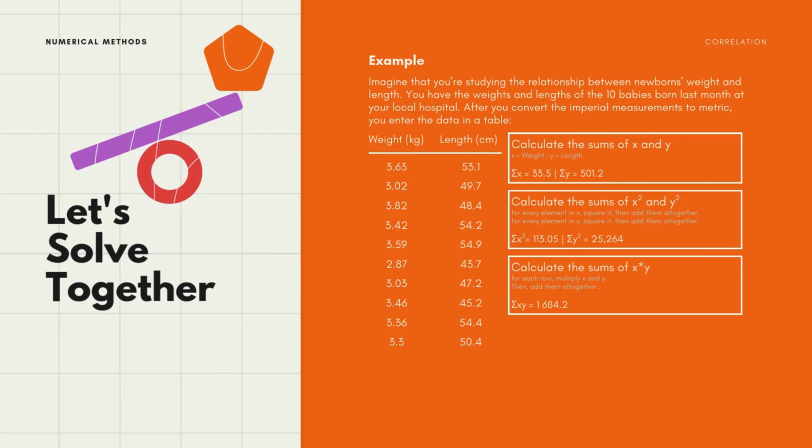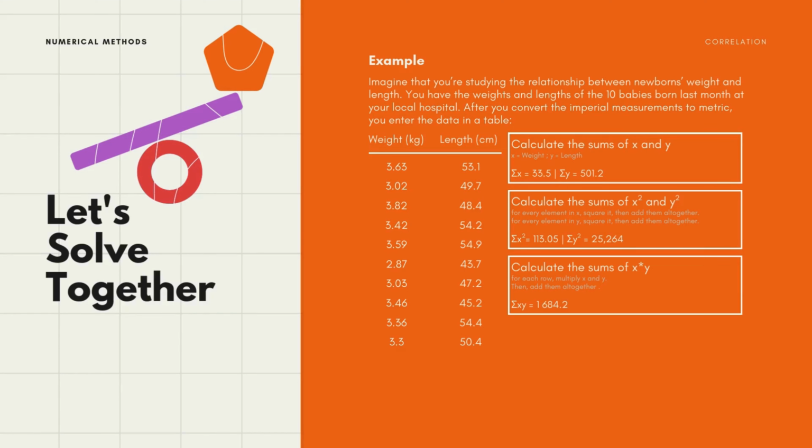For the length column: 53.1, 49.7, 48.4, 54.2, 54.9, 43.7, 47.2, 45.2, 54.4, and 50.4, all measured in centimeters. Now, these are the values that we need to solve the problem.